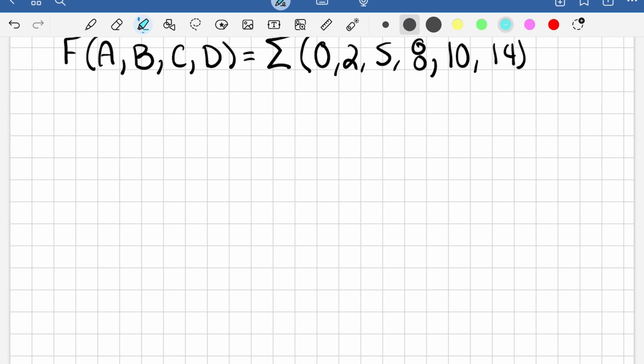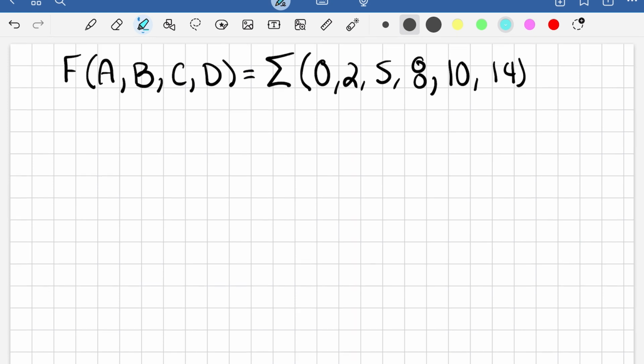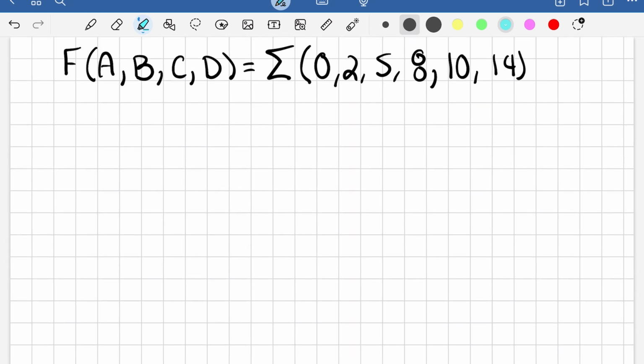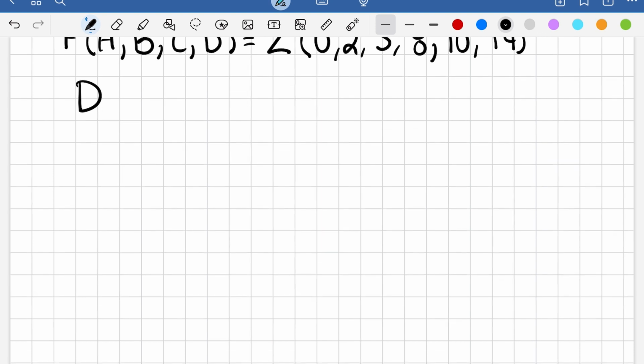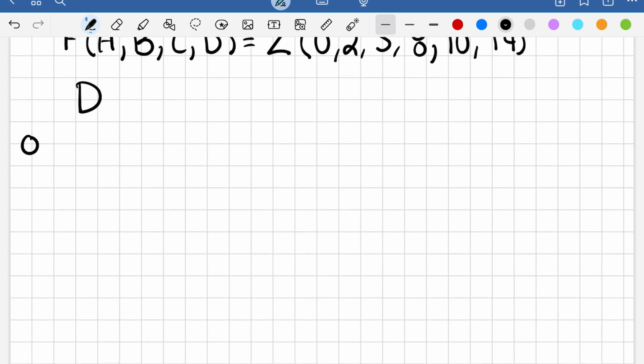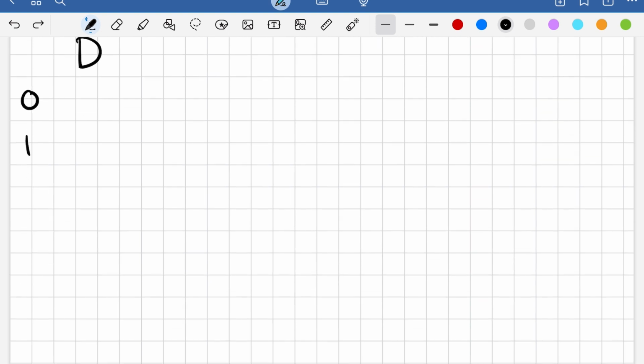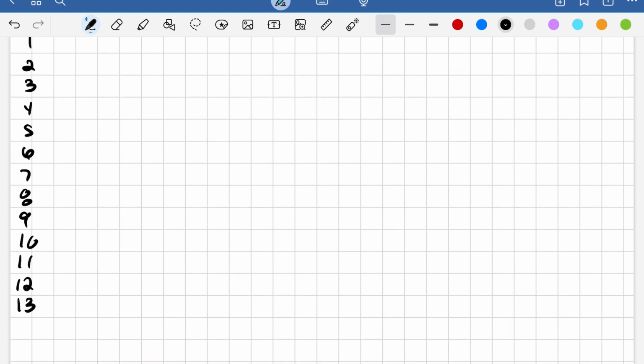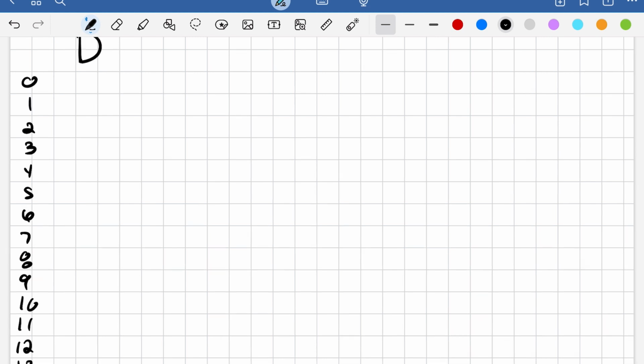Now, we only truly need our D's for this. So D, for 0, 1, 2, 3. Actually, make this smaller. 0, 1, 2, 3, 4, 5, 6, 7, 8, 9, 10, 11, 12, 13, 14, and 15.